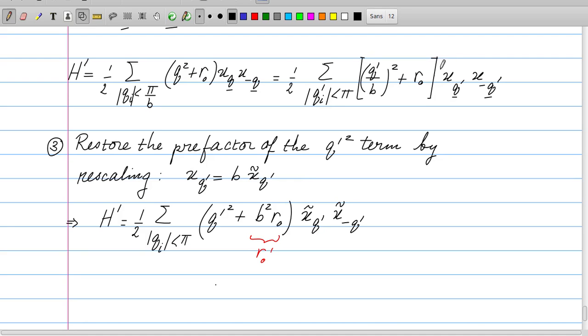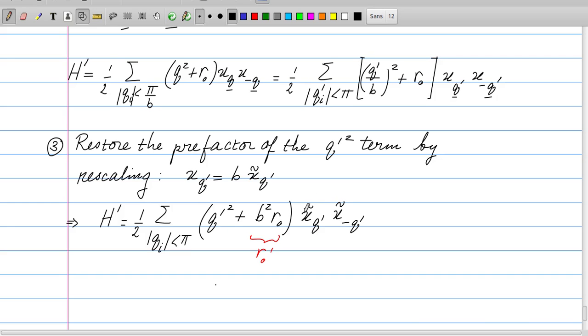So we get a factor of b squared in front of this that eats this factor b squared in the denominator here, but it also adds an extra b squared with the r0. So we see we have a new value for the r0 after the renormalization procedure, which is r0 primed, and that is related to the old one by a factor of b squared. Apart from that, everything is still the same.